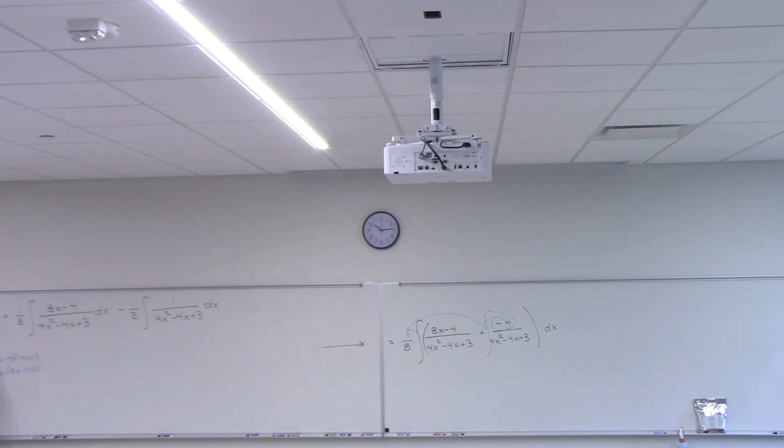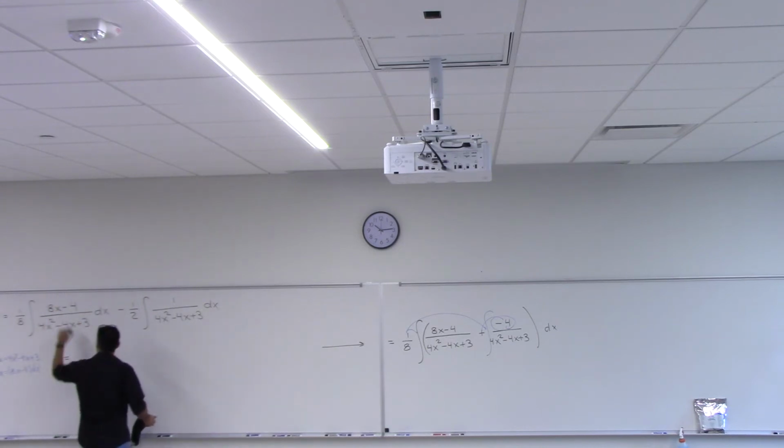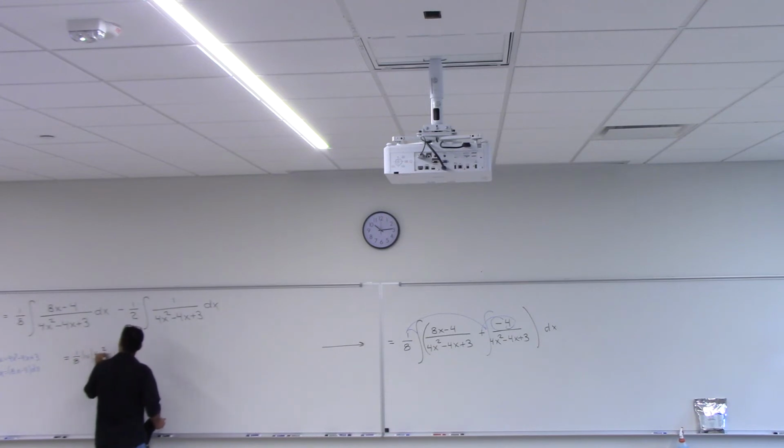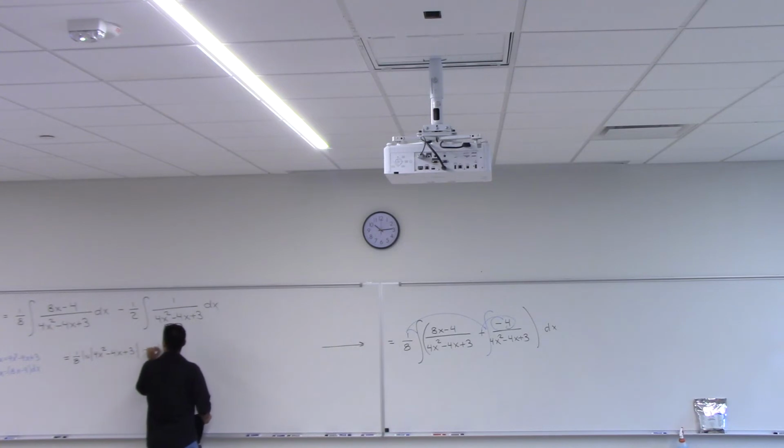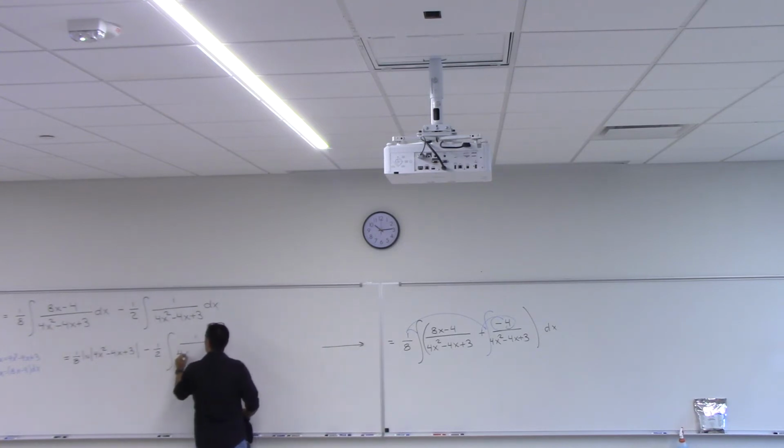So the answer should be 1/8 natural log of u, right? So I'm going to just keep going here. This is equal to 1/8 natural log of u, minus 1/2 integral. I haven't done this one yet, still working on this one.